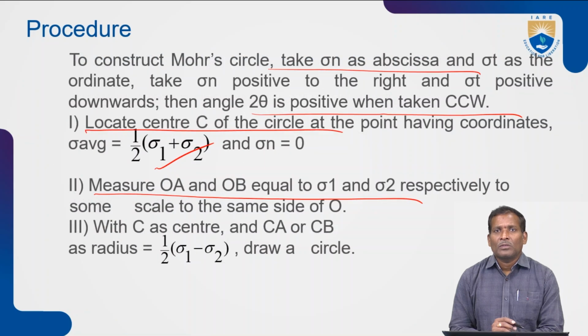Clear? So with C as center and CA or CB as radius, where the radius is half into (sigma 1 minus sigma 2), draw a circle.